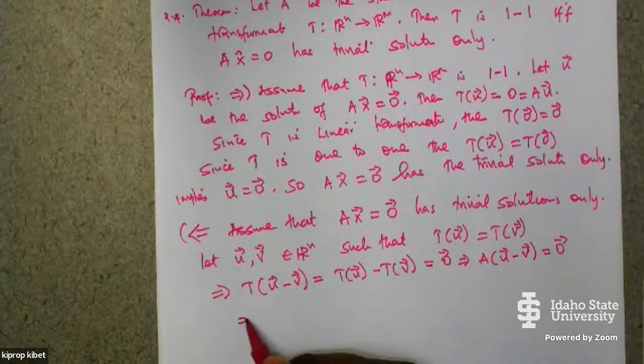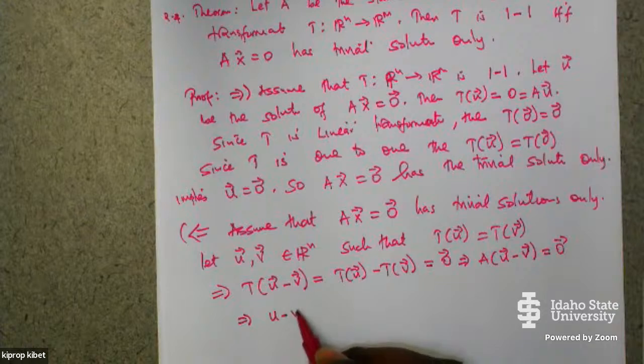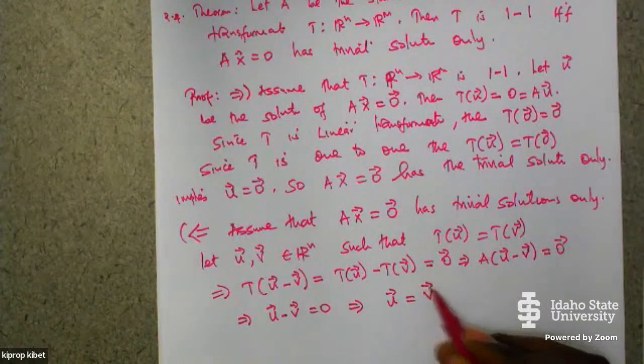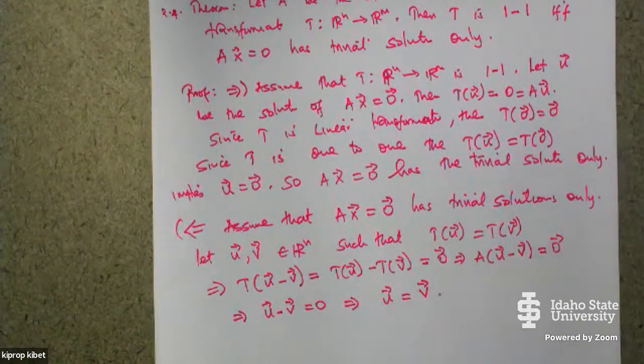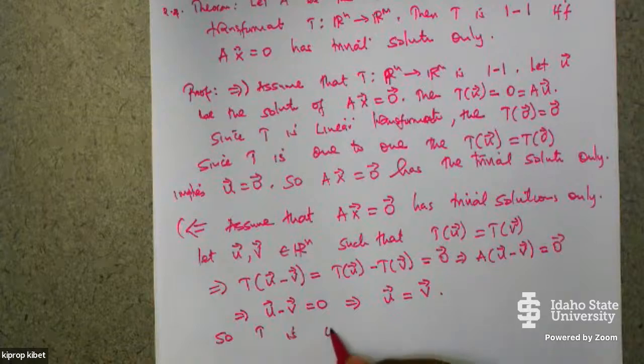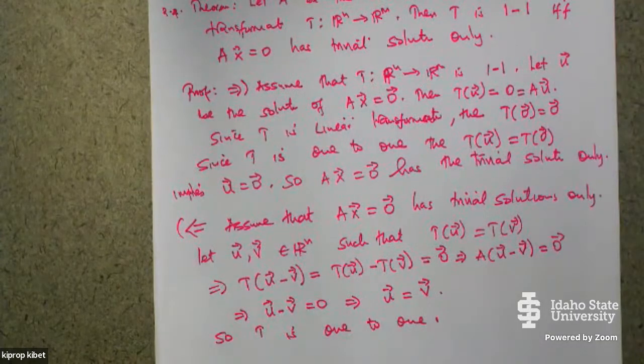So therefore u minus v equals 0. That means u equals v. So T is 1 to 1.